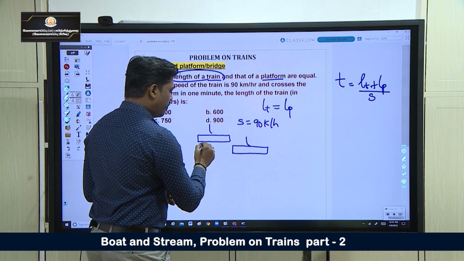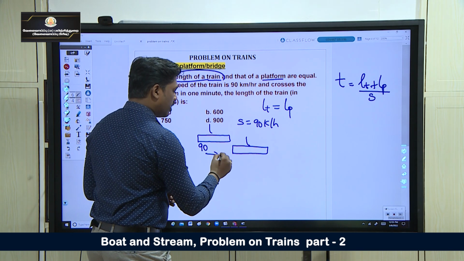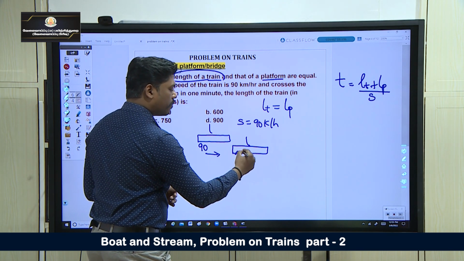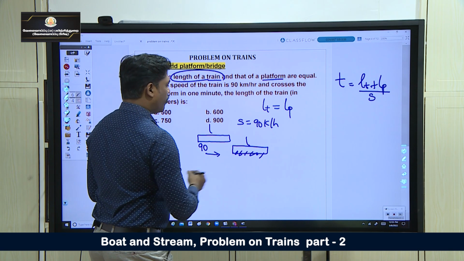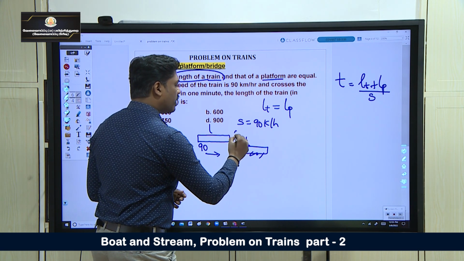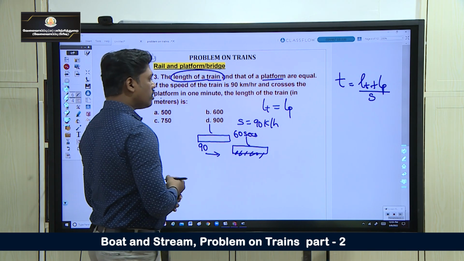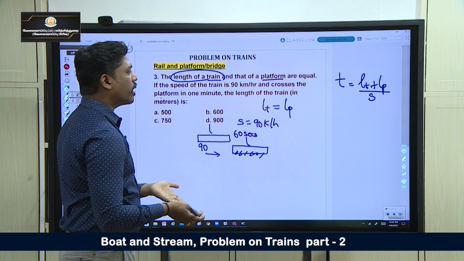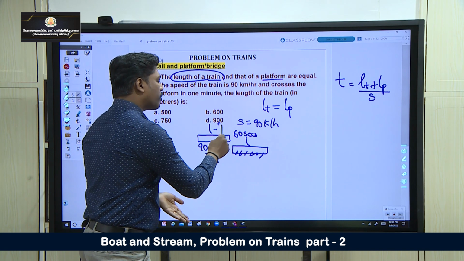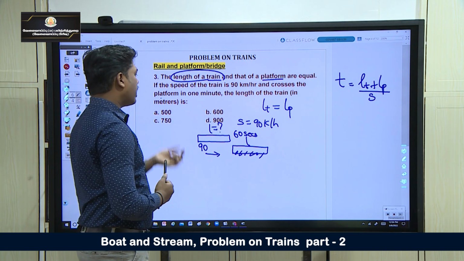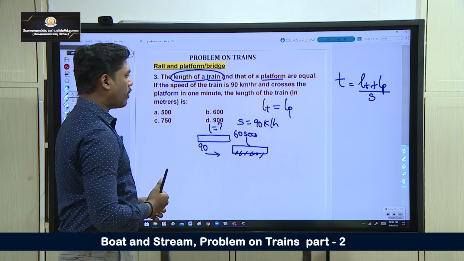It is moving at 90 km per hour. It crosses the platform in 1 minute. 1 minute means it is 60 seconds. We are asked to find out the length of train, in meters.